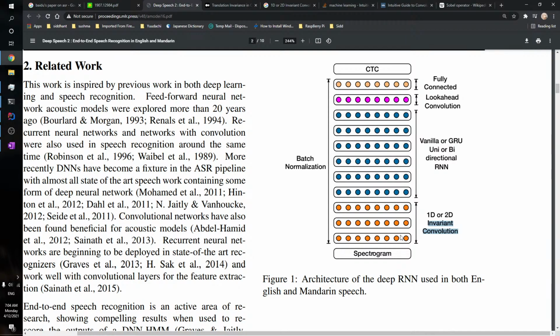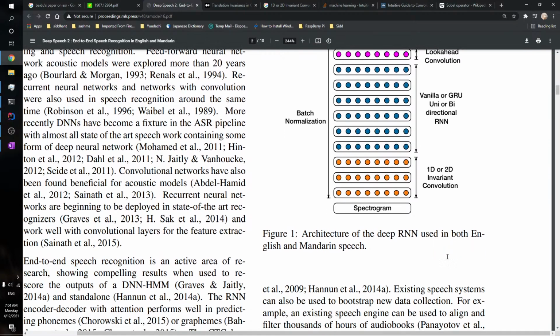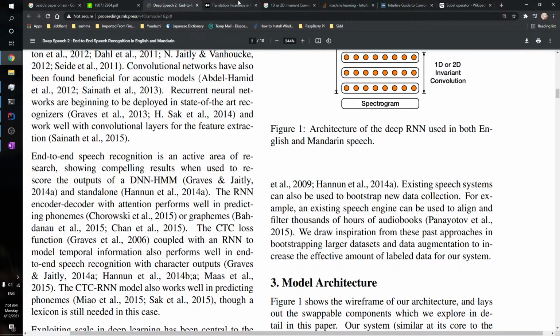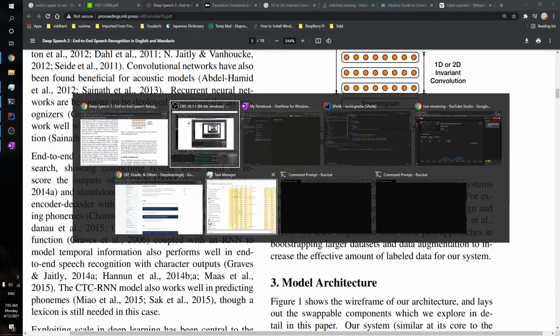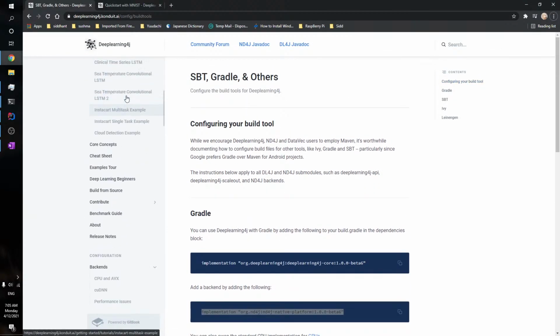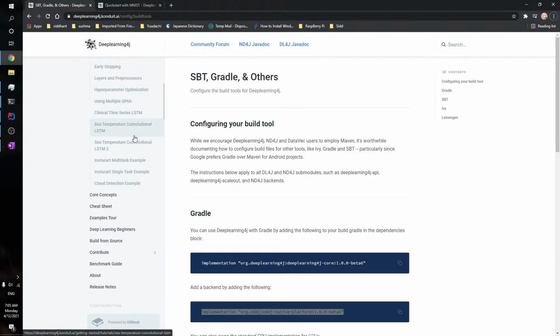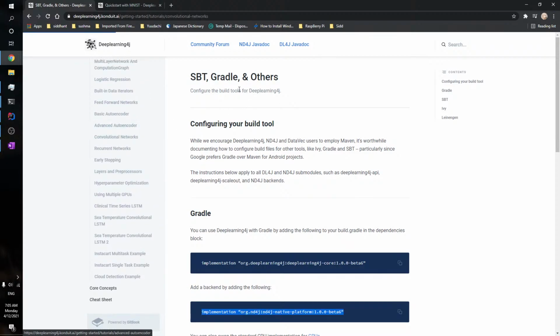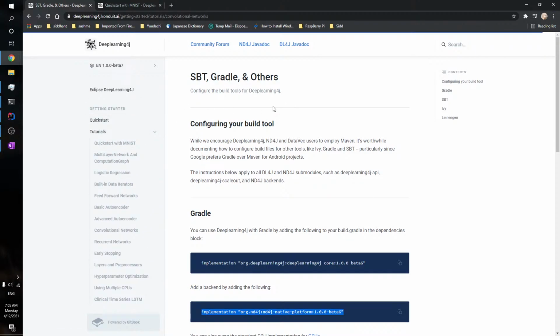So it's got three convolutional layers which are invariant. So what we can try and do is head over to the deep learning site and see if they have anything on translational layers for convolutional networks.